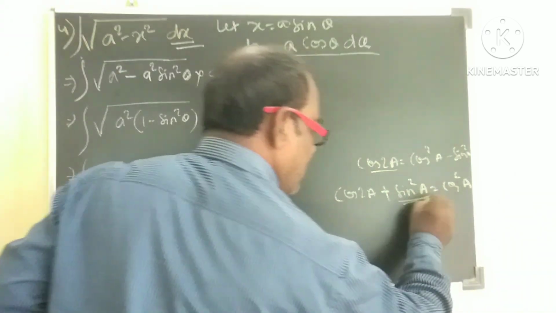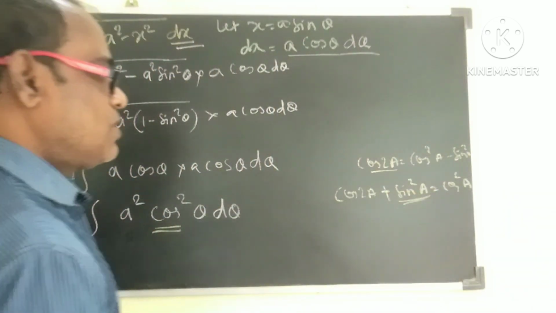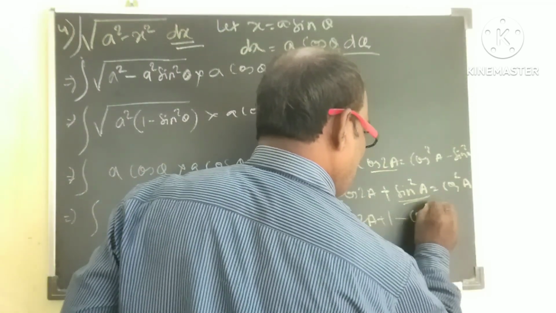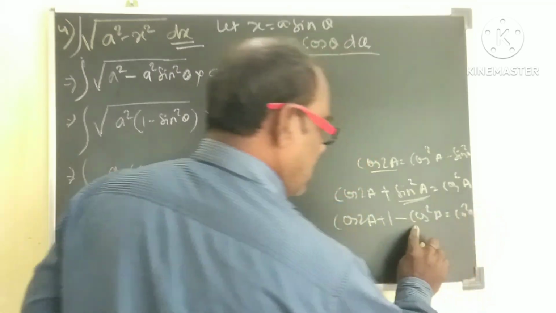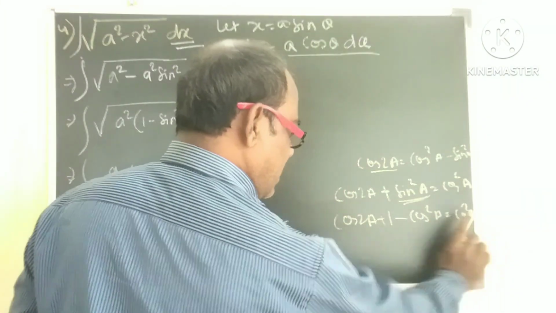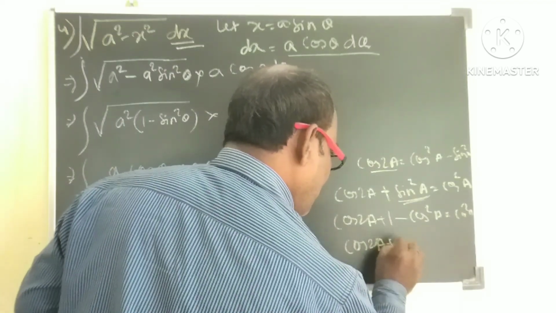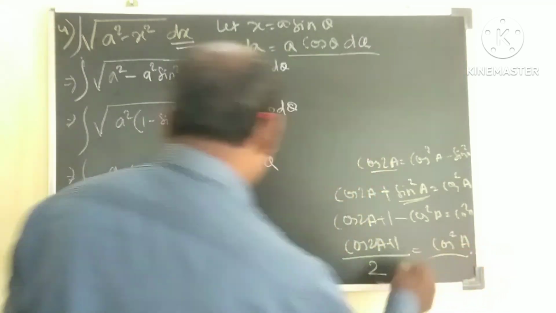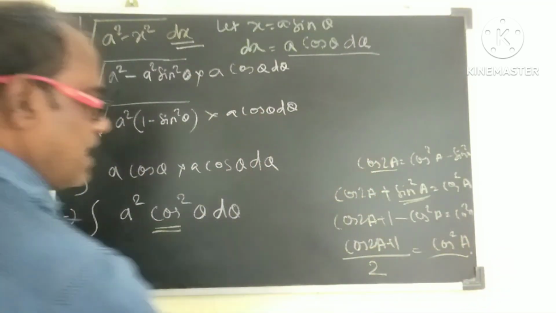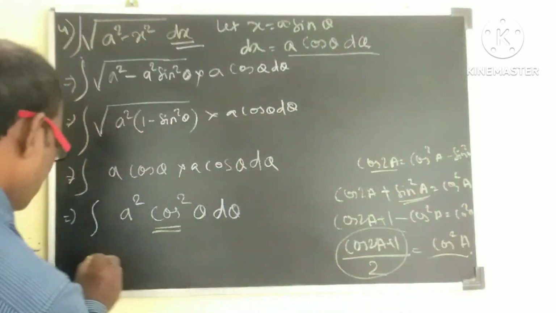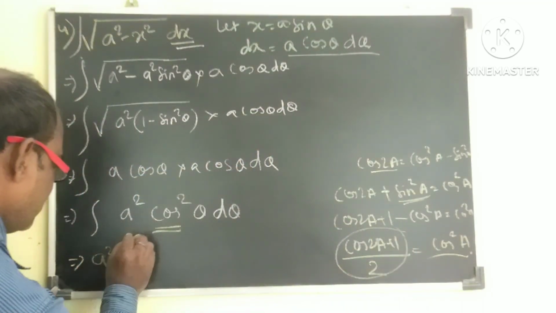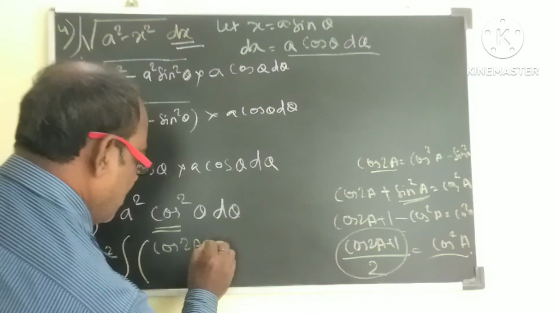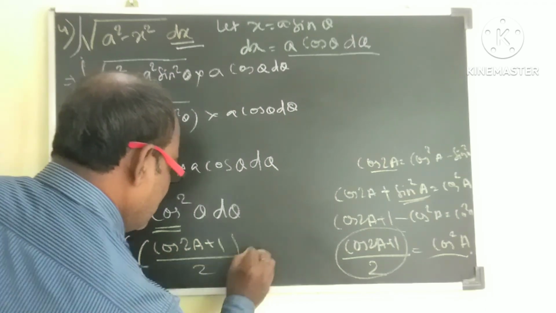Again we know that sin square a can be written as 1 minus cos square a. So we can write cos 2a plus 1 minus cos square a is equal to cos square a. If you take this side, it becomes 2 cos square a. So finally we get cos 2a plus 1 by 2 is equal to cos square a. So instead of cos square theta, we can write cos 2 theta plus 1 by 2. So finally we get a square integration of bracket cos 2 theta plus 1 divided by 2 d theta.